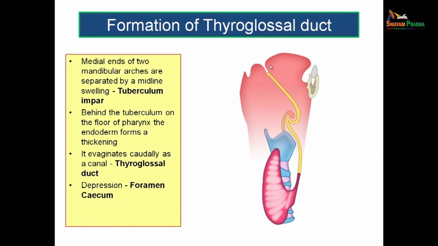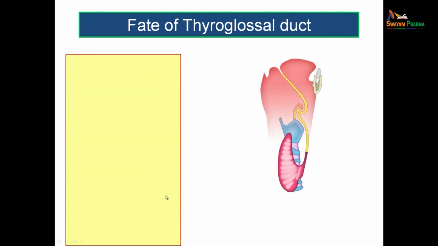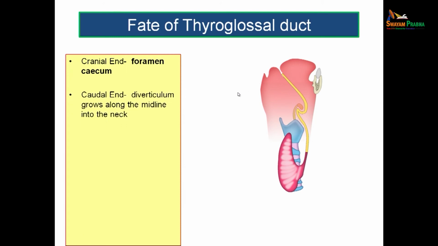In adults, once the thyroglossal duct gets obliterated, that dipping can be seen as a foramen known as the foramen cecum. The depression seen on the dorsum of the tongue, so this will be the future tongue, is known as the foramen cecum, from which you had the thyroglossal duct originating. So the cranial end of the thyroglossal duct is seen as the foramen cecum.